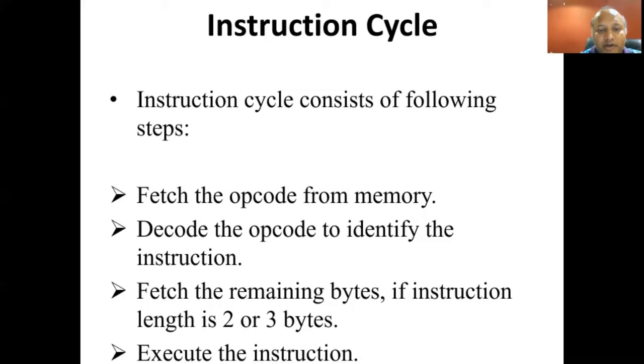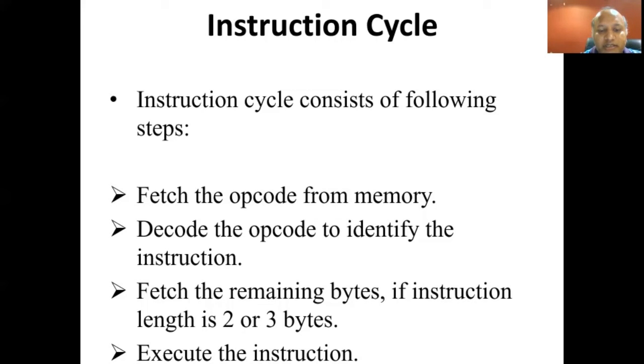In addition to address information, status signals are ALE equal to 1, IO/M bar equal to 0, that means we are doing the memory operation, S1 equal to 1 and S0 equal to 1, indicating that it is opcode fetch machine cycle.